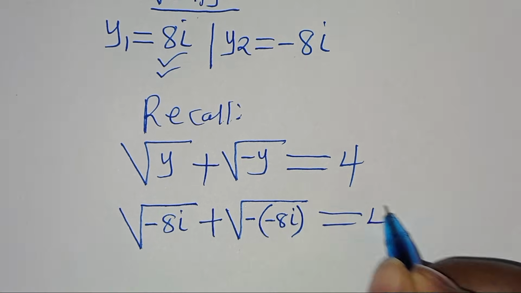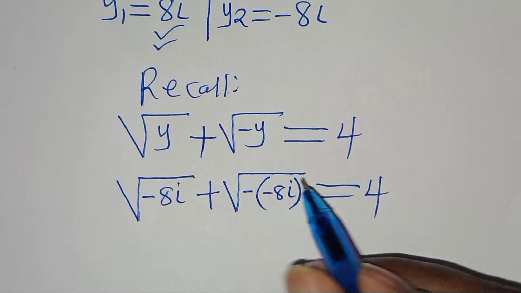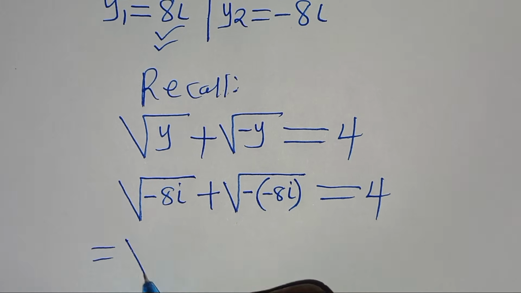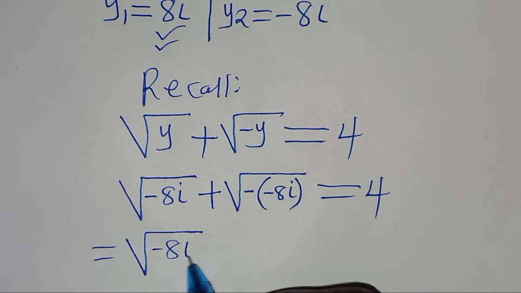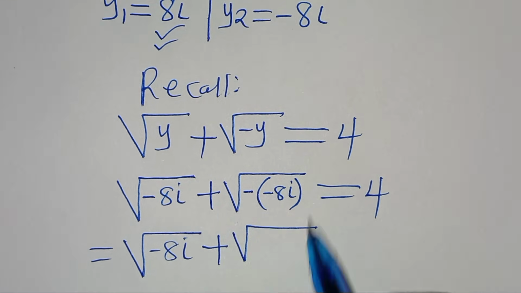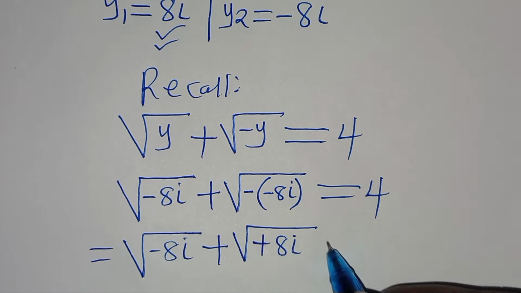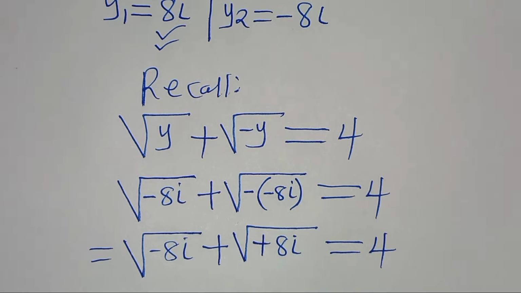This is equal to 4. So we have minus times minus here. This is positive. So this is the square root of minus 8i plus the square root of, now minus times minus, this is plus 8i. This is equal to 4.